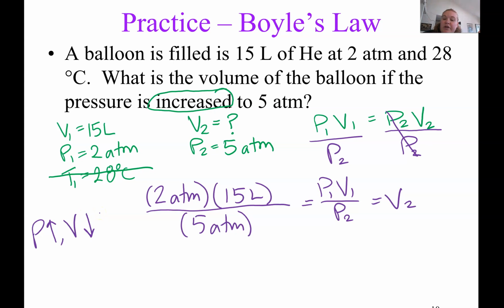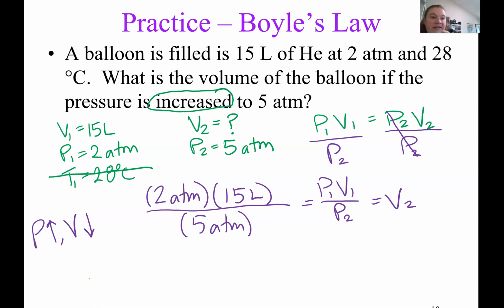So our original volume was 15 liters. We know it should be decreasing. We might not have a good guess as to what it should be, but we know it needs to be less than 15. And so that's a good way just to make sure that you're doing your math right.